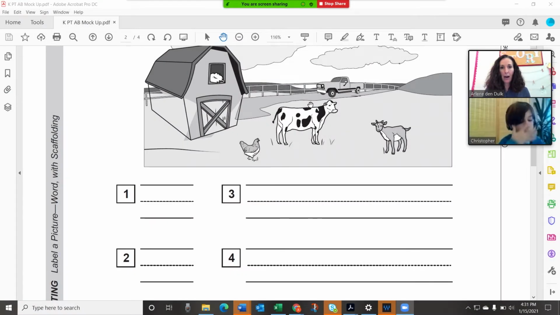This is a cow. Write the word cow on number 4, right where you see my pointer. Good job.